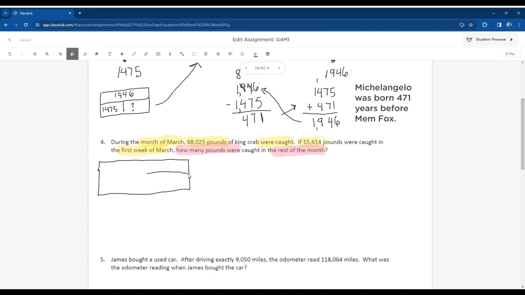We know how many pounds of crab were caught in the entire month of March. In the whole month, 68,025 pounds were caught, and we're going to break that up into two parts. We know how many pounds were caught in the first week, which is 15,614. Again, this is the first week.